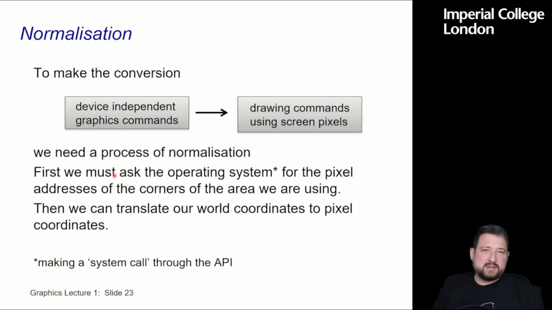But at the end of the day, you want a teapot to look like a teapot on both screens. And if you have defined it as blue, probably you also want to have more or less the same type of blue on your screen. So a general requirement in graphics is that we have something like device independent graphics commands.